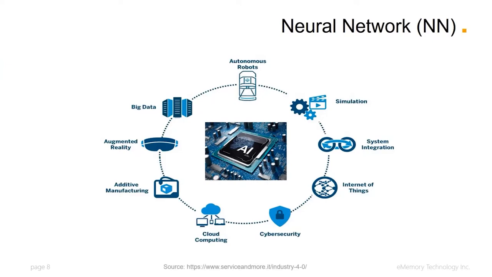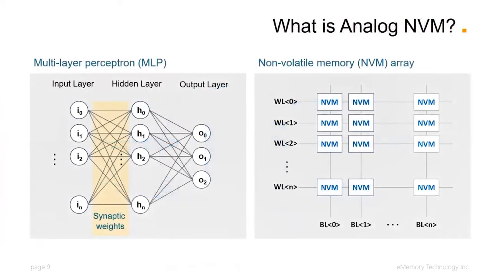In the future, human life will rely on this AI chip to accomplish many things, such as autonomous driving, cybersecurity, cloud computing, augmented reality, and big data servers. As you can tell, the functions of an AI chip are powerful.